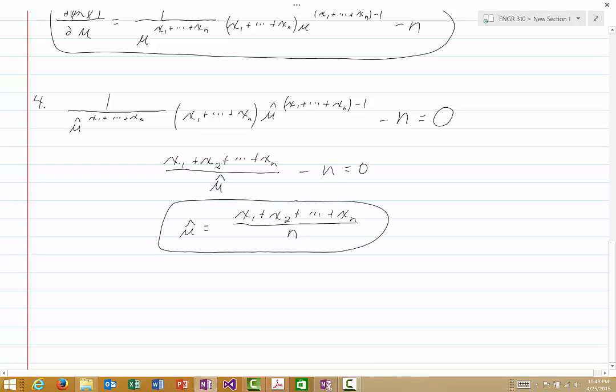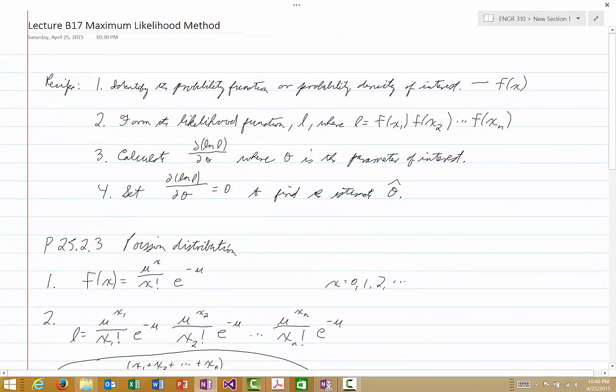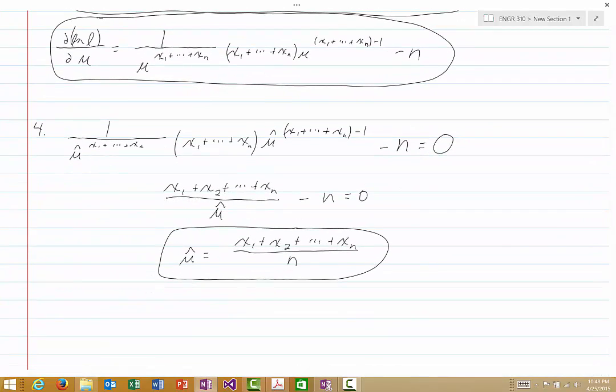And that is our formula for estimating the parameter mu in this problem. So all we have to do is adhere to this recipe, and it may be a slightly tedious procedure, but it's actually fairly straightforward.